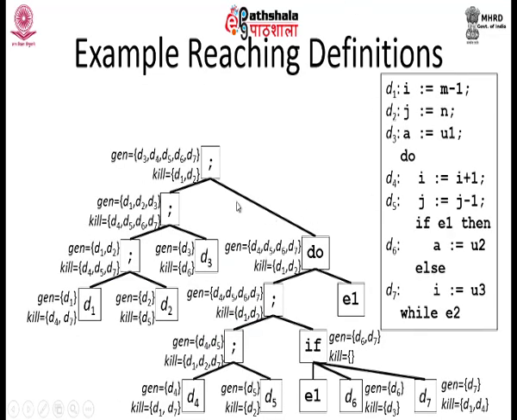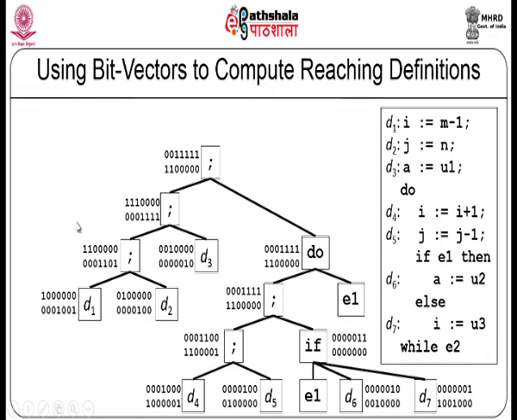Now this can be changed so that we can either use a set notation or go with the bit vector representation. As I already said, in the bit vector representation the first bit corresponds to D1. I have 7 bits here to represent the 7 definitions, D1, D2, D3, D4, D5, D6 and D7.